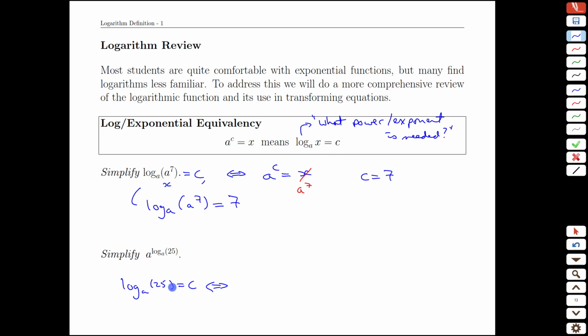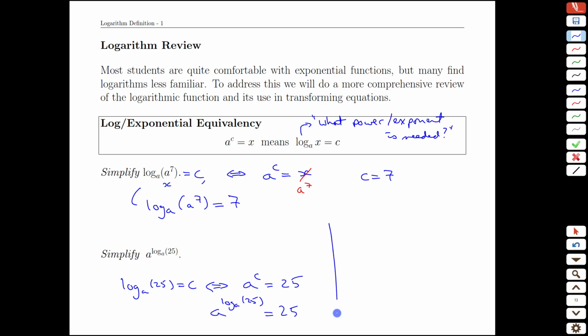Log base a of 25 equals c. Another way to say that is a to the c is equal to 25. We just took this statement and translated backwards. But we actually know what c is. C is log base a of 25. So just substituting in the value of c tells us how we can get this relationship fully fleshed out.